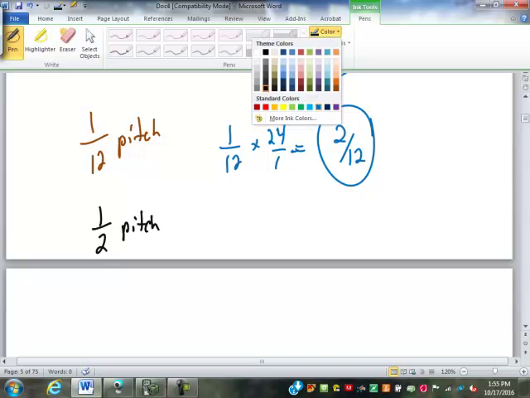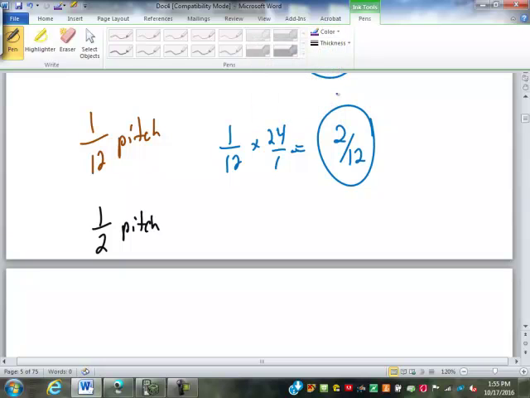So in your notes, give me a 1/2 pitch. Turn it into a slope. What'd you get?